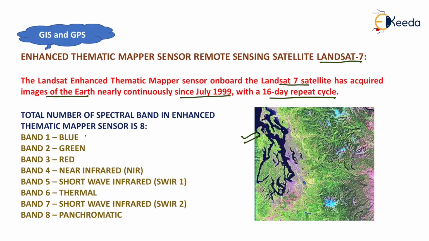Band 1 will be blue, band 2 is green, band 3 is red, band 4 is near infrared, that is NIR, band 5, that is short wave infrared, that is SWIR1, band 6 thermal, band 7 short wave infrared, SWIR2, and band 8 will be panchromatic. Now, these are the spectral bands of Landsat 7.